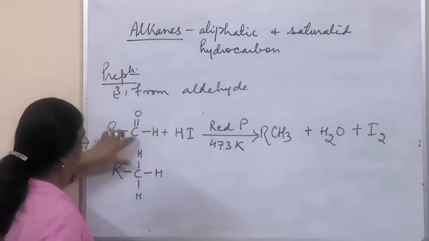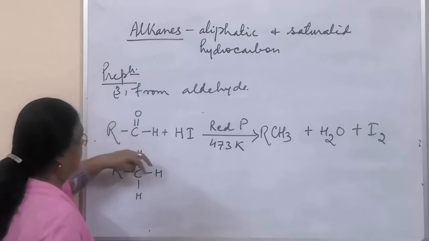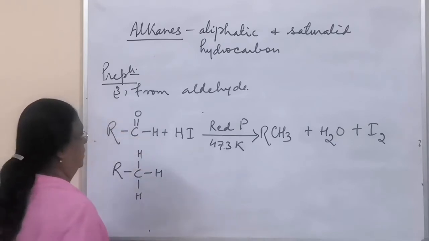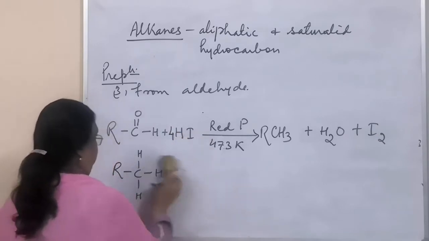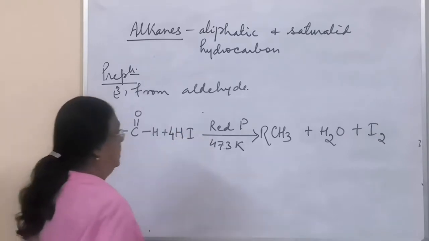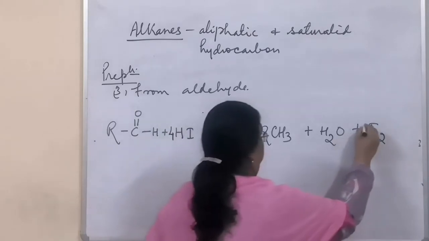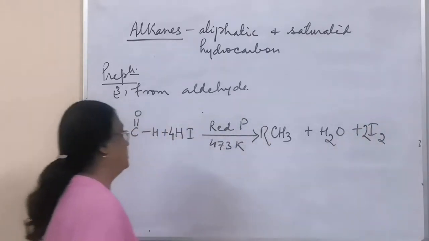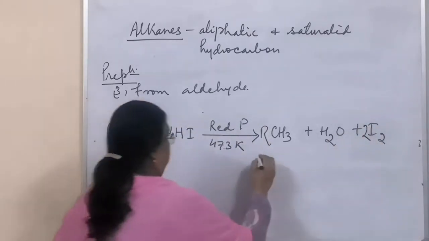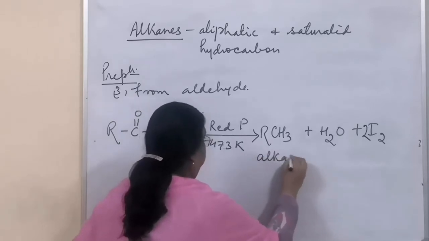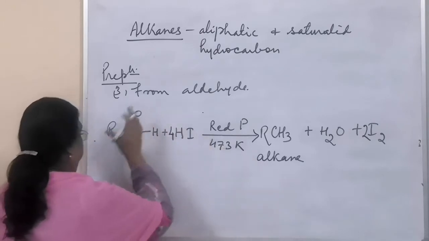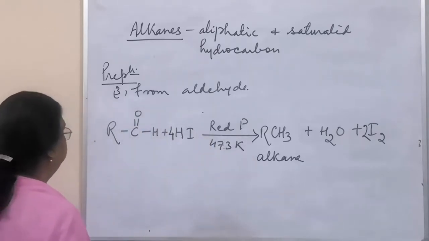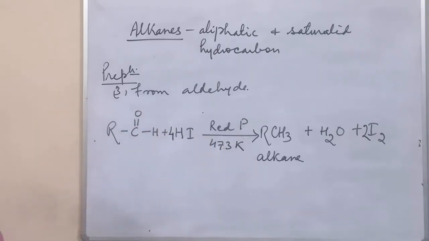This is all satisfied there. One hydrogen here, one hydrogen here, two hydrogens and two hydrogens for water. So 4 hydrogens, so we take 4HI, and so it will be 2I2, and the reaction is balanced. So this is the alkane. We do not get methane from aldehyde, but from alcohol we could get methane.